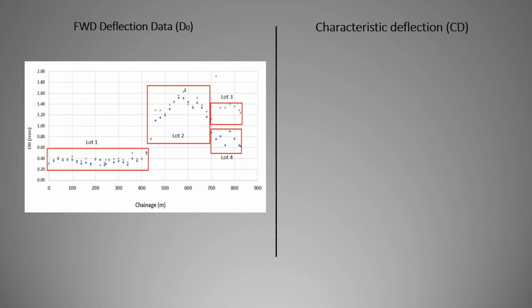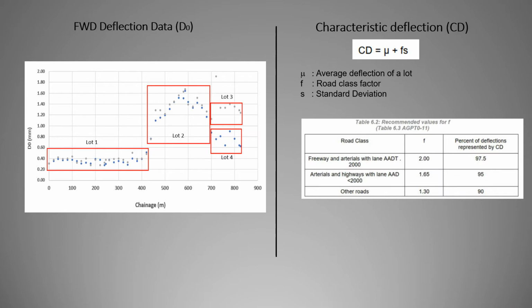Austroads recommends that the subsection should exceed 100 meters in length and should be considered homogeneous if the deflection values have a coefficient of variation of 0.25 or less. If it is more than that, then the subsection may need to be further subdivided.